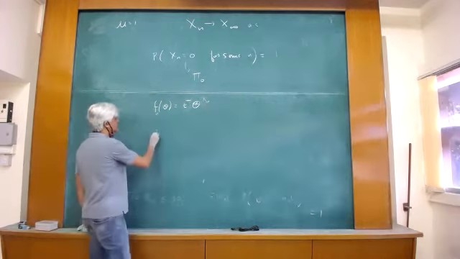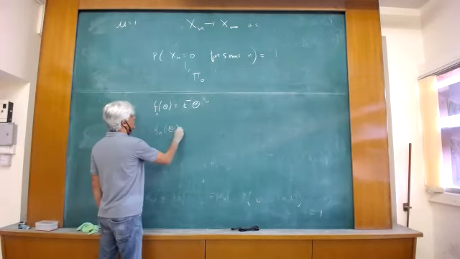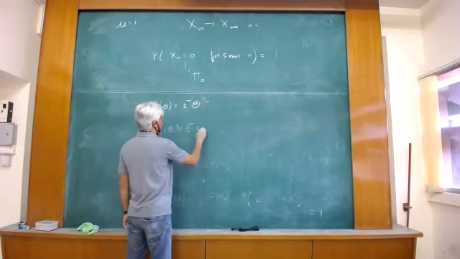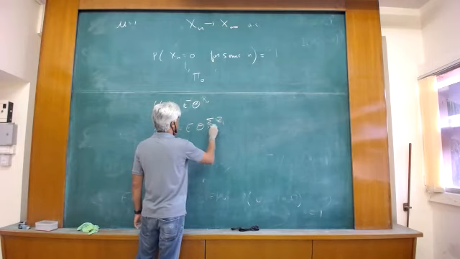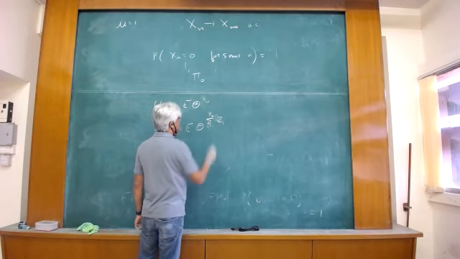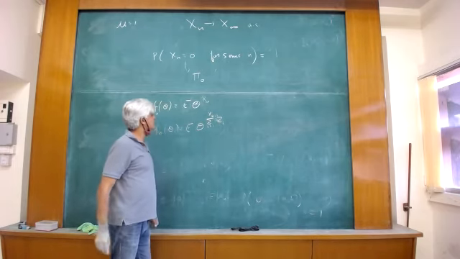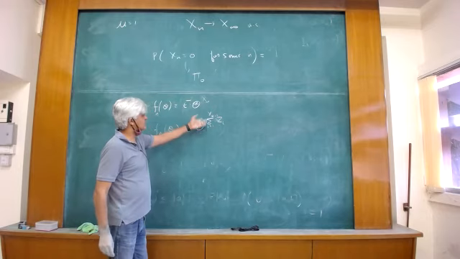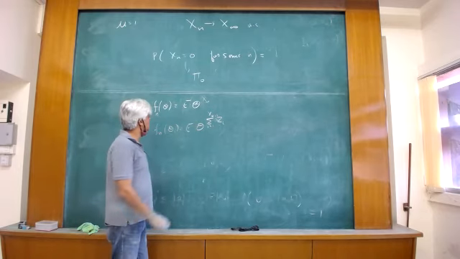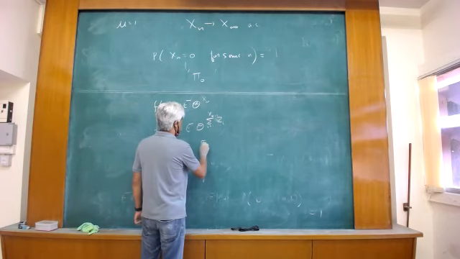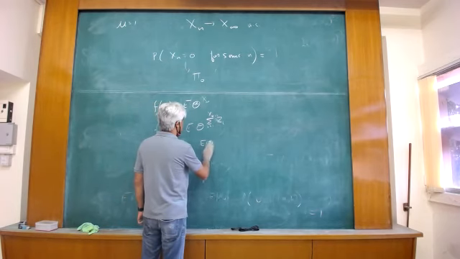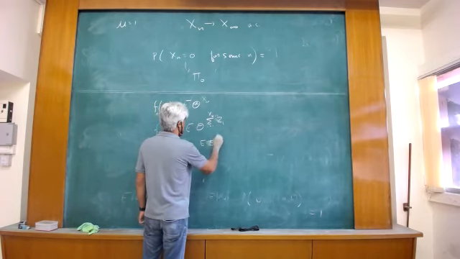Then I know that Sn of theta is equal to theta to the power of the summation of Zi, i equal to 1 to Xn minus 1. When Xn minus 1 is 0, then this is 0. This is going to be equal to the expected value of theta to the power Zi.